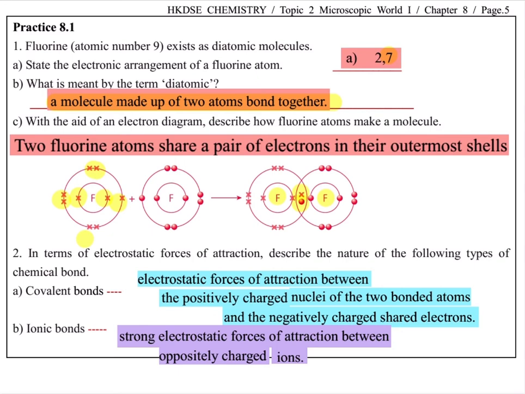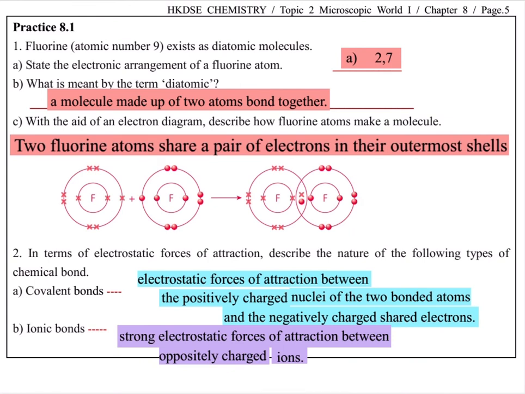And then number 2, in terms of electrostatic forces of attraction, describe the nature of the following types of chemical bonds. So covalent bonds. Covalent bonds is new here, so I will talk about this. Okay, let's clear this first.